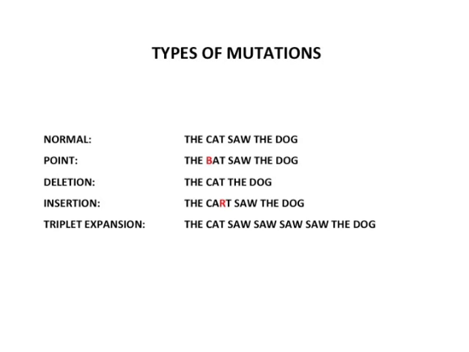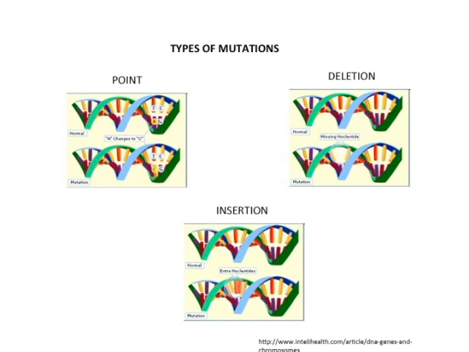And this would lead to the cat saw the cat saw the dog. Similarly, if we look at this at the nucleotide level, you see the same things here: a point mutation, a deletion in a few of the nucleotides, or an insertion, some extra nucleotides.